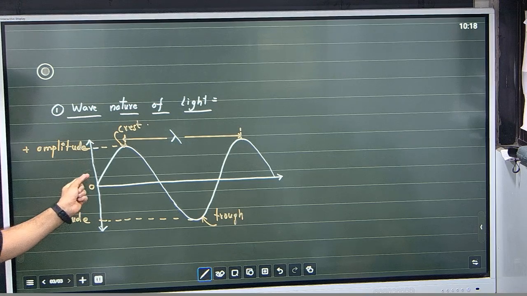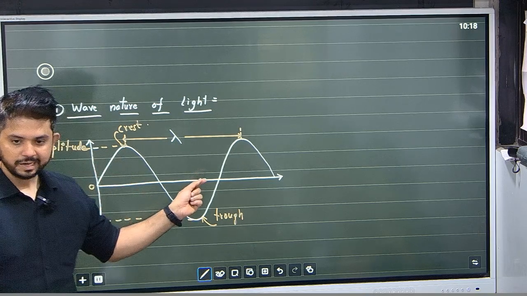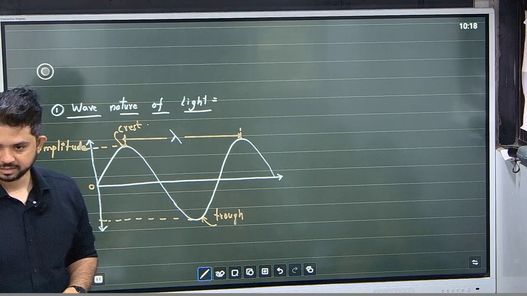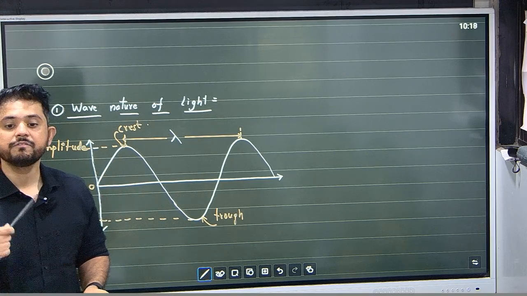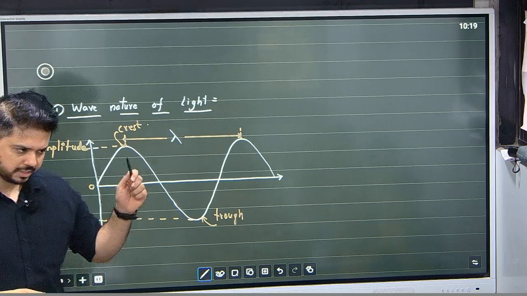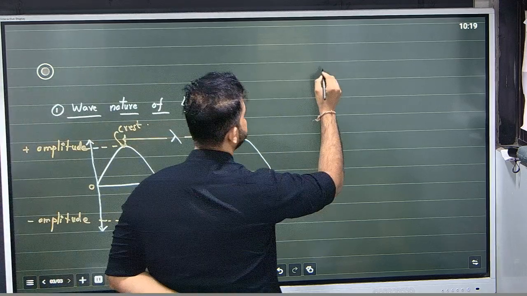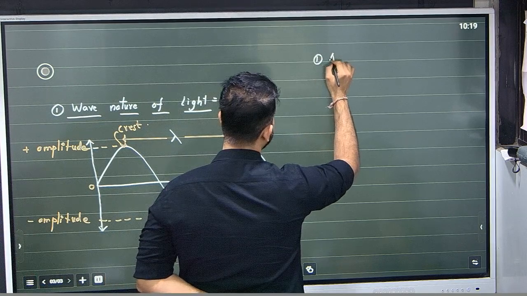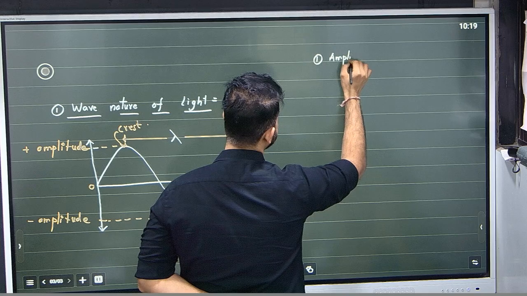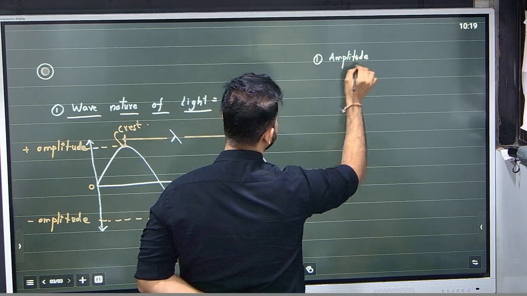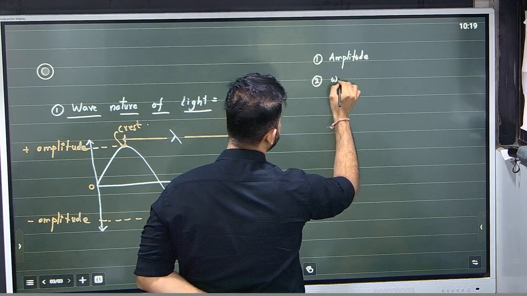Now, the number of waves in 1 second is called the frequency. We'll write all these parameters. First, what did we write, people? We wrote, pardon me, amplitude. Then we discussed wavelength.